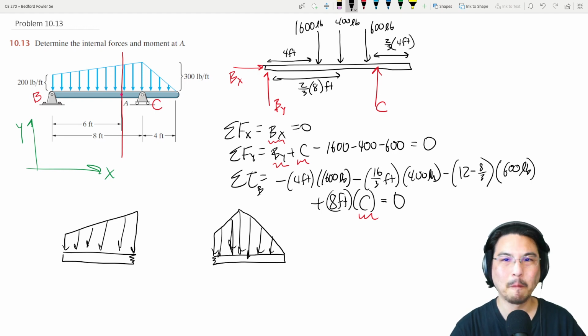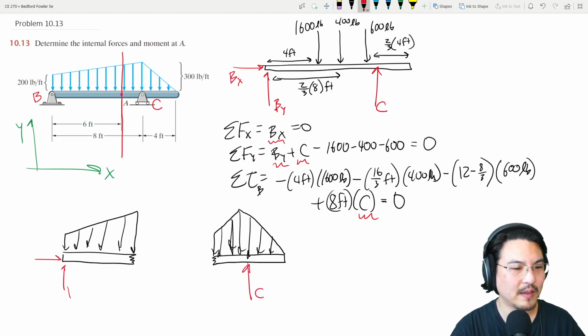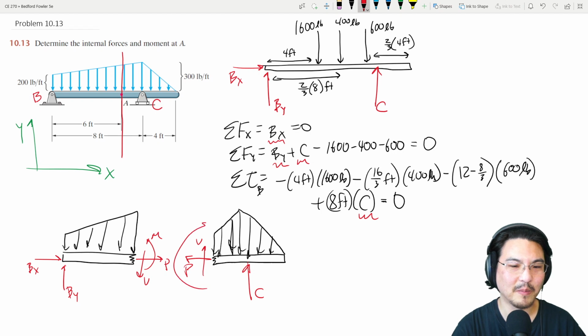Okay, and then let me fill in the rest of it. So there's the pin at B, roller at C, and then all the internal forces and moments, right? Axial force, shear, bending moment.